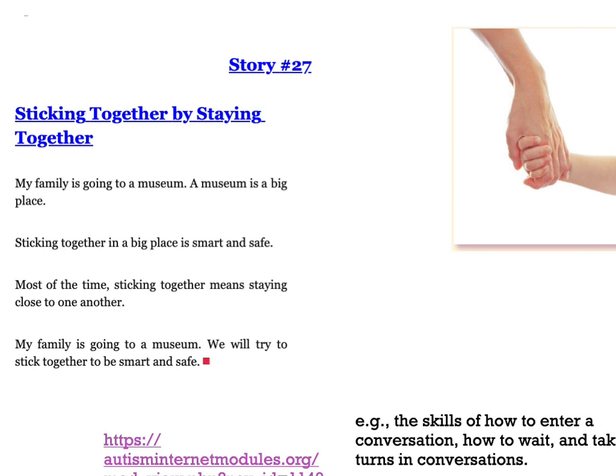Most of the time, sticking together means staying close to one another. My family is going to a museum. We'll try to stick together to be smart and safe. So you're introducing a safety concept, and while they're enjoying the new place, they need to stay close. So highlight the important thing they have to remember.